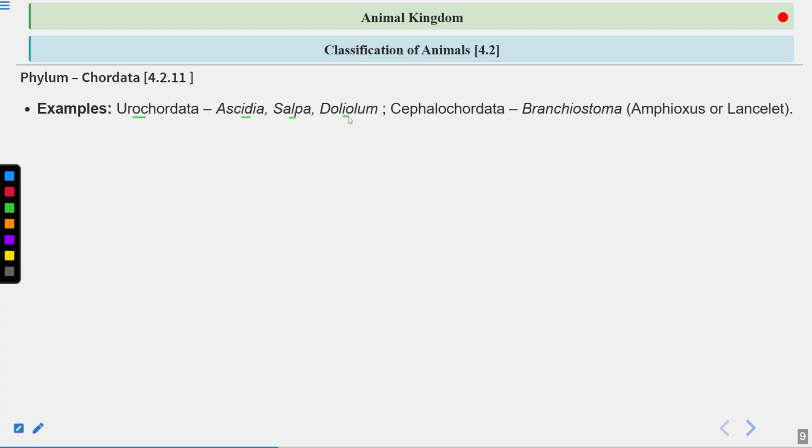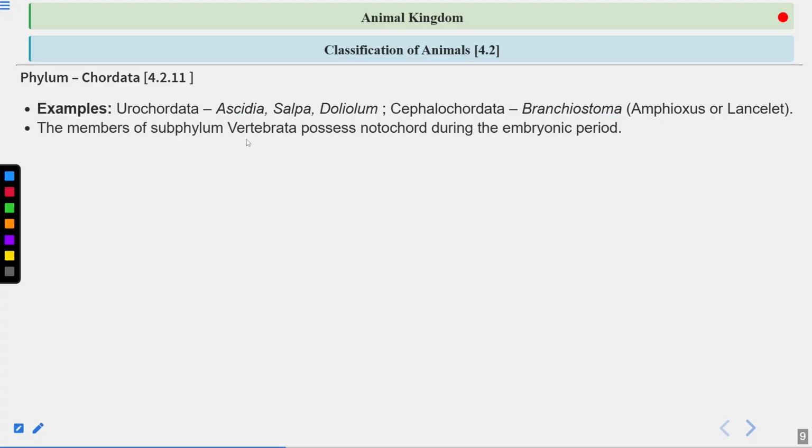If we talk about Cephalochordata, a very important organism is Branchiostoma, the scientific name. Commonly, it is called Amphioxus or lancelet. This is the common name of Branchiostoma, which belongs to the subphylum Cephalochordata.